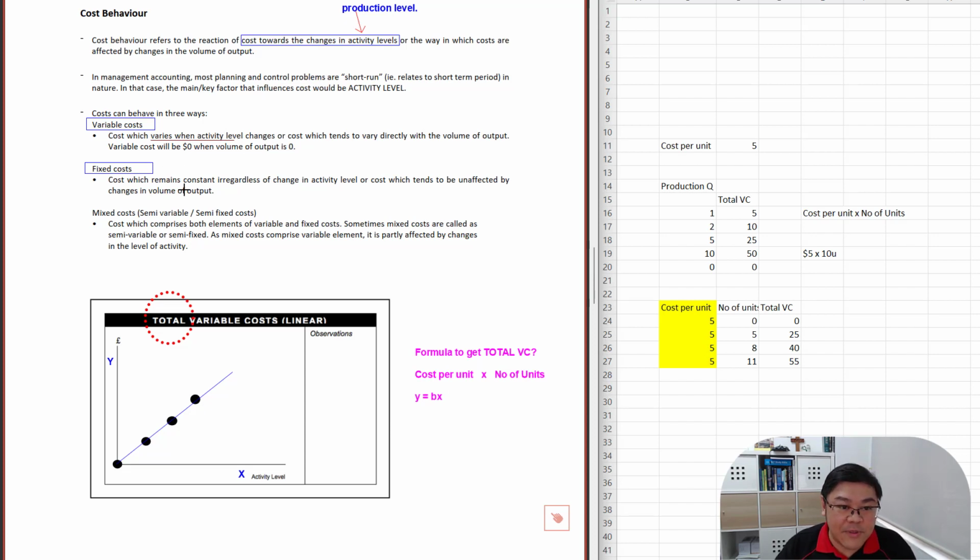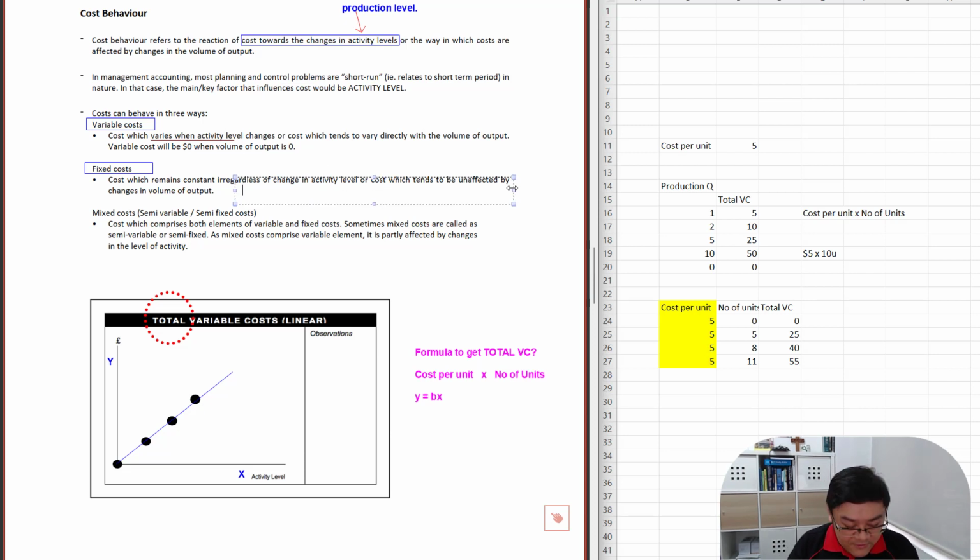Now, I know some of you will say a fixed cost is a cost that's fixed. I will say the examiner will not accept that answer, because you're not explaining anything by just telling me a fixed cost is fixed. So in what way is it fixed? It is fixed because the cost is not going to change even when your activity changes.